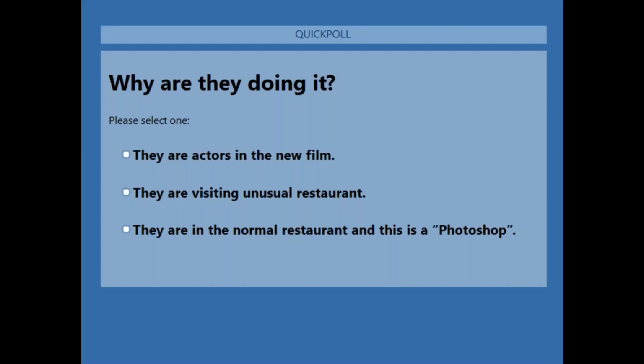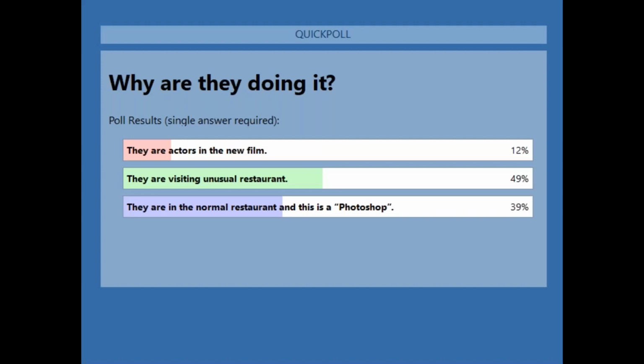So more and more people are doing that. Okay, all right. 5, 4, 3, 2, 1. So I'm going to close this and now you can see, right?